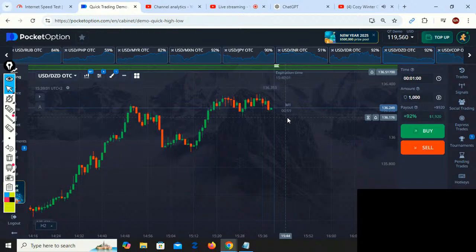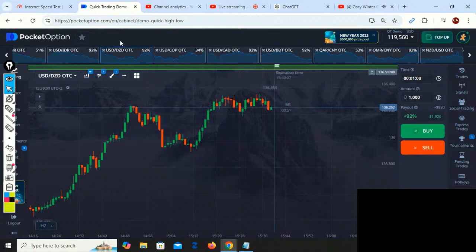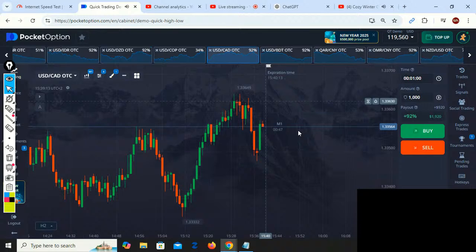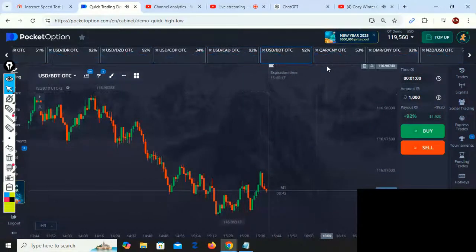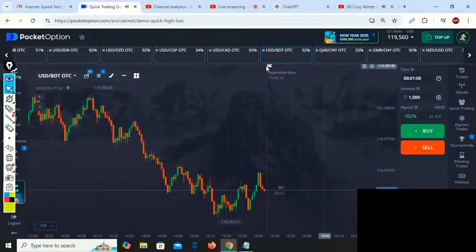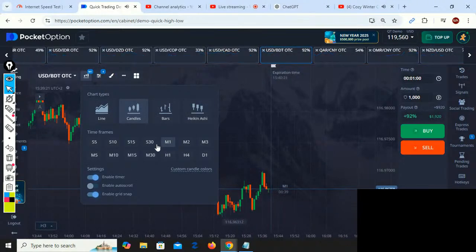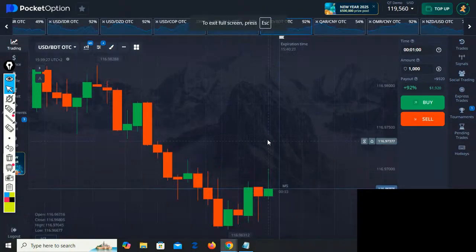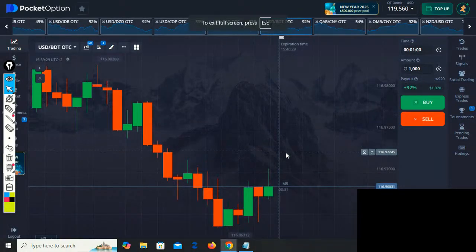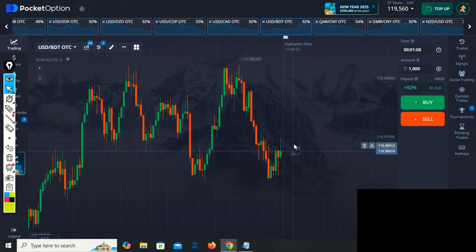It might not reach the point. So let's find something else. Not to wait uselessly. USD CAD. No. Okay.